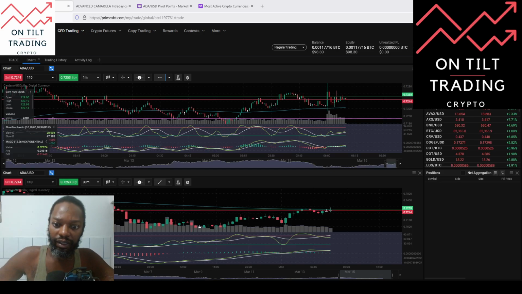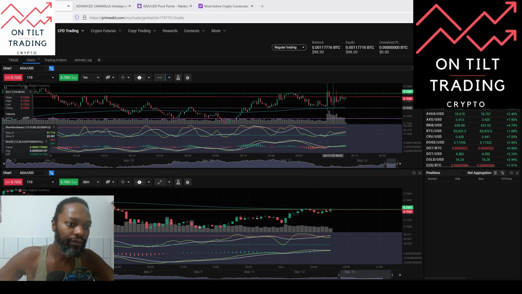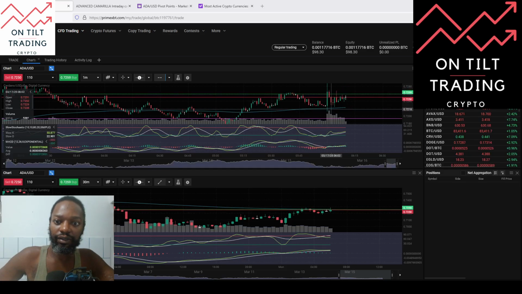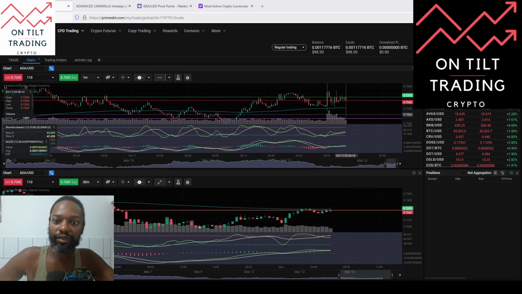So we'll continue watching price action and see how this performs. So no crossovers here on Cardano, and MACD is still positive. So this is not showing as much weakness as Ethereum or Solana was showing.